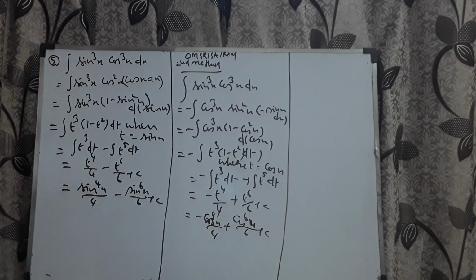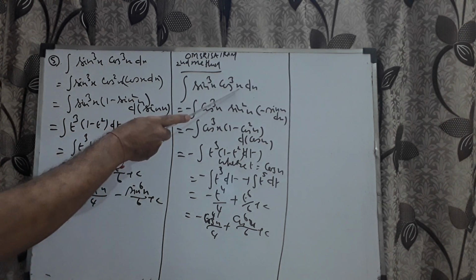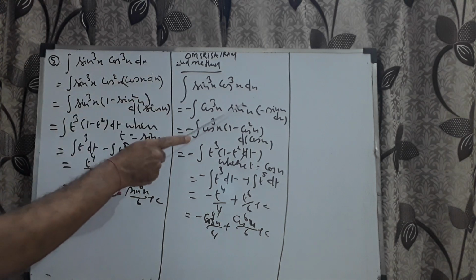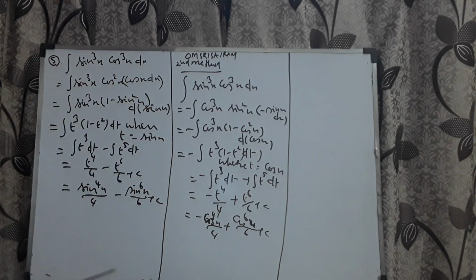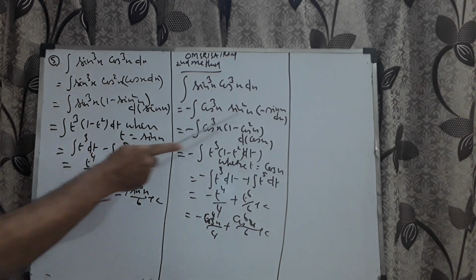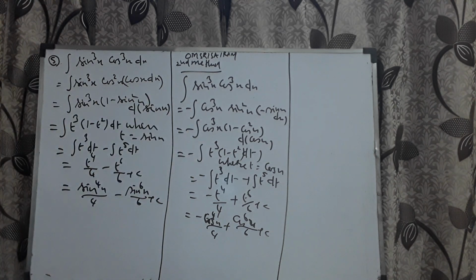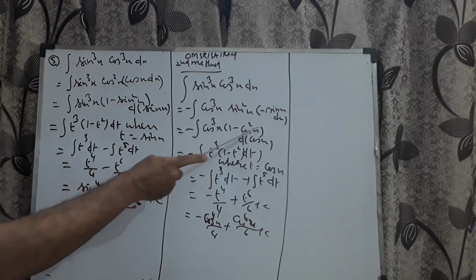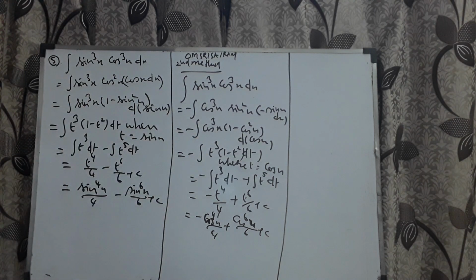You can just verify whether my answer is right or wrong. Integral sin cube x cos cube x dx. I bring cos cube x to the beginning. Sin cube x can be written as sin square x. Since derivative of cos x is minus sin x, I multiply 2 minus signs in the second step. Can be written as minus integral cos cube x into 1 minus cos square x into d of cos x.